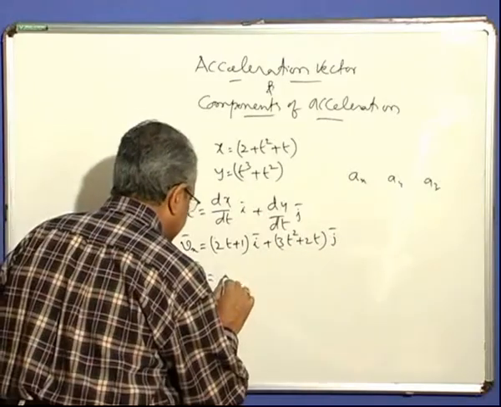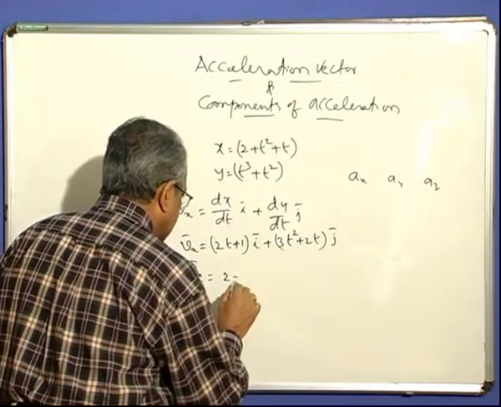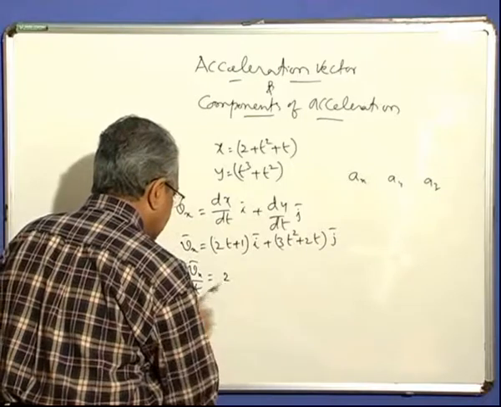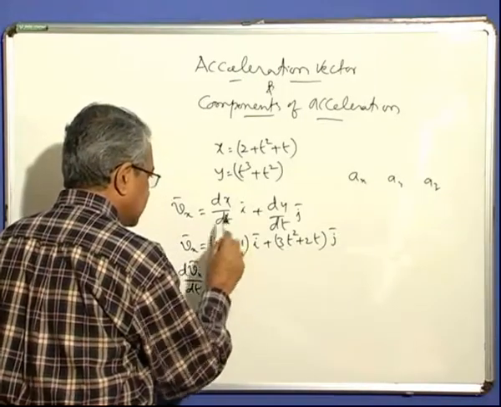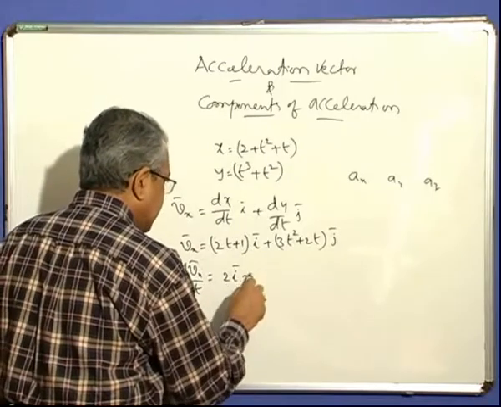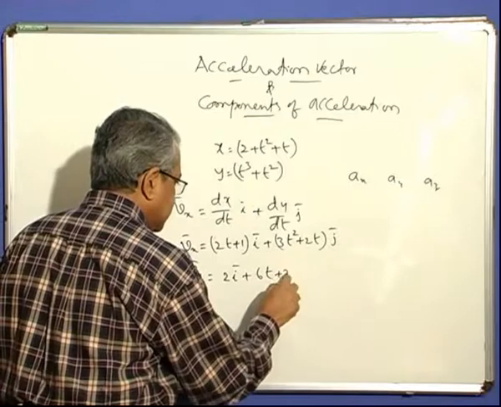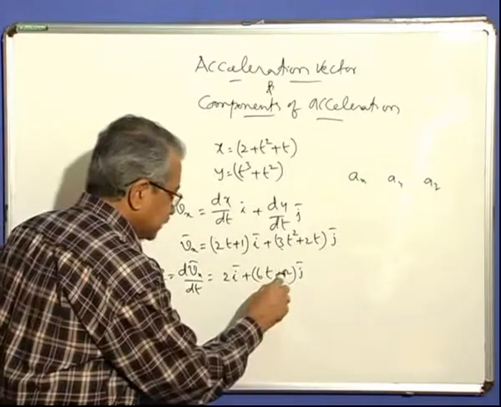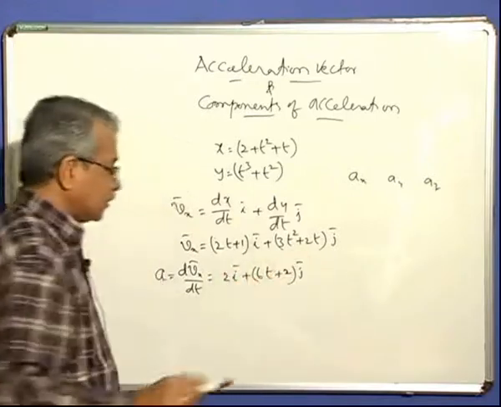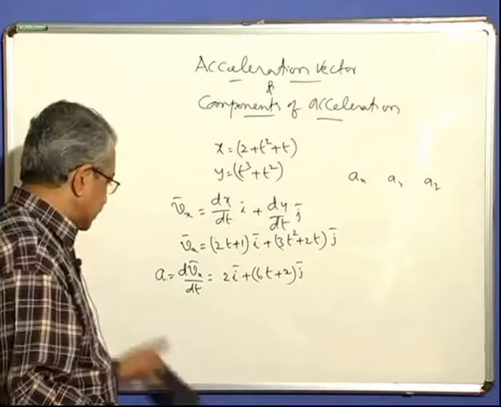Then you will get 2i, because this is differentiated, 2 into 1, and this is differentiated to 0, so 2i plus 6t plus 2 into j, the differentiation for the y component here. So this becomes the acceleration vector, the variation of acceleration with time.